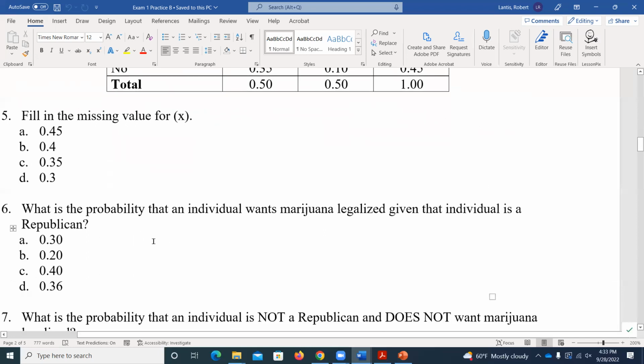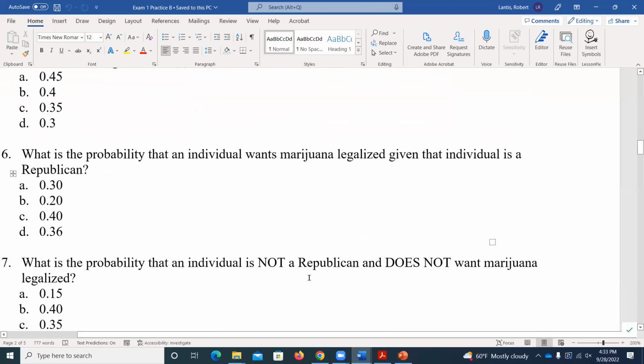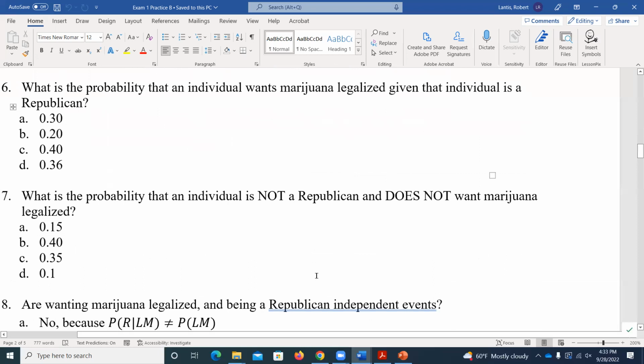So I then asked these out of order, so to speak. I'll go over the easier one first, which is 7. So for 7, I want the probability of what? The individual is not Republican and does not want marijuana legalized. If I see this word and, I should be thinking this is the probability of the intersection of two events. Union would be the word or.